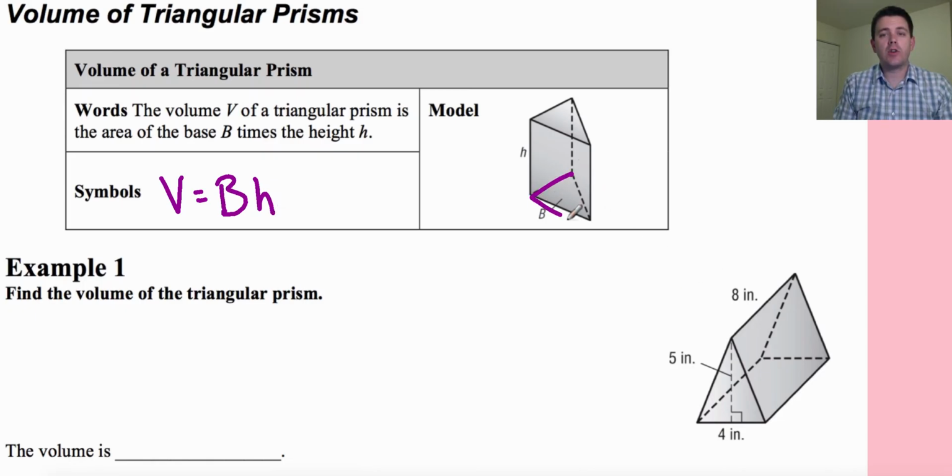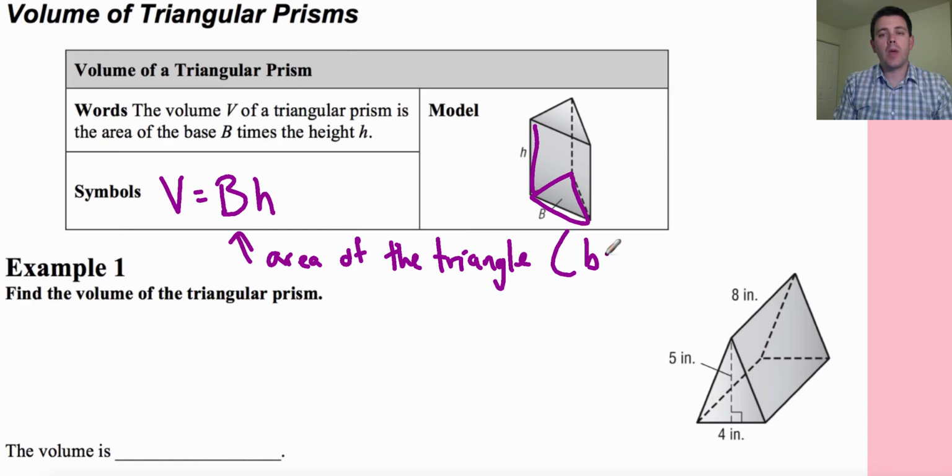Find the area of the triangle, multiply times your height. So the big B is the area of the triangle. Remember, base times height divided by 2 of just the triangle piece, then you multiply it times your other measurement.